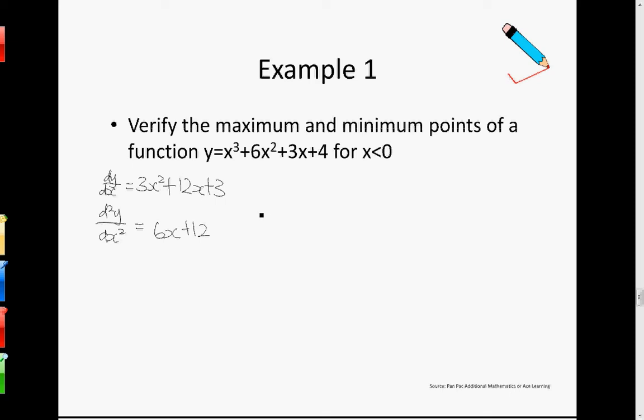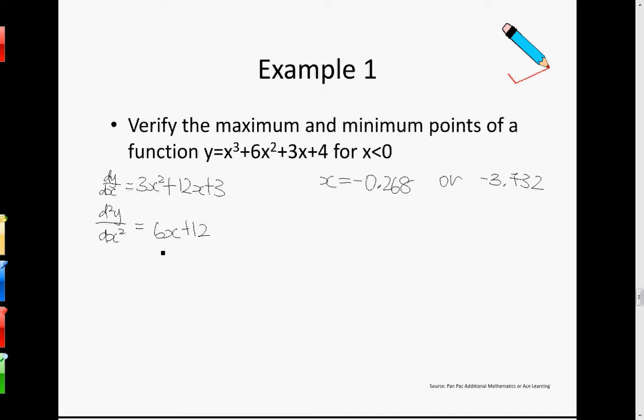In the previous video we solved for the stationary points by setting dy/dx equals 0, and we got two x values: negative 0.268 and negative 3.732.